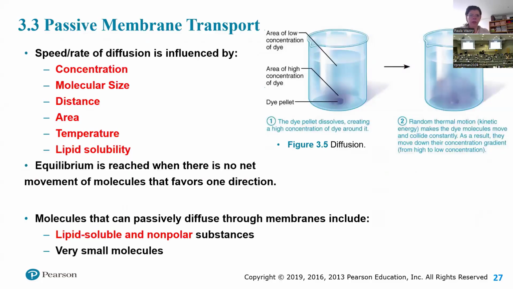So here, what is going to influence the movement of molecules? What is going to influence this diffusion? The first thing we're going to look at is the concentration of things that you have, all right? When you have things that are highly concentrated, they will diffuse faster to the area that is not concentrated at all.